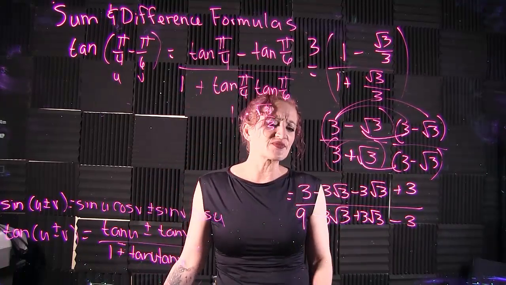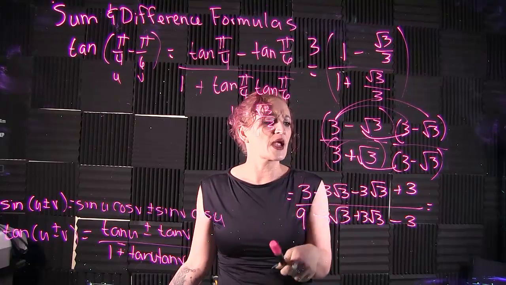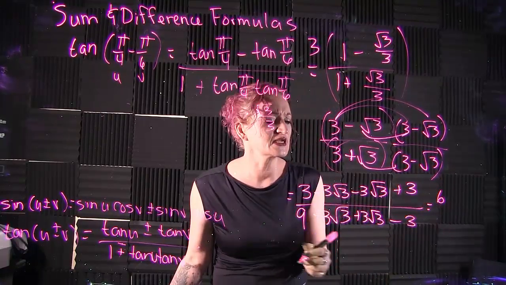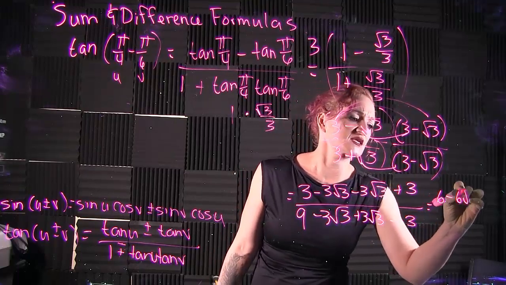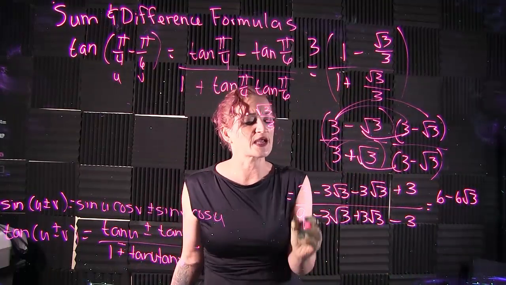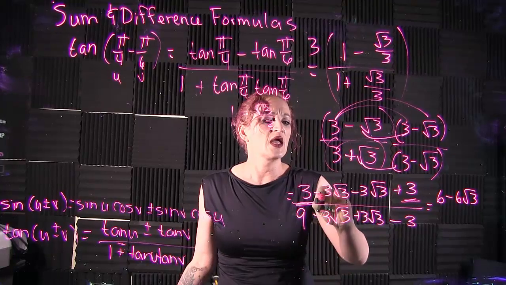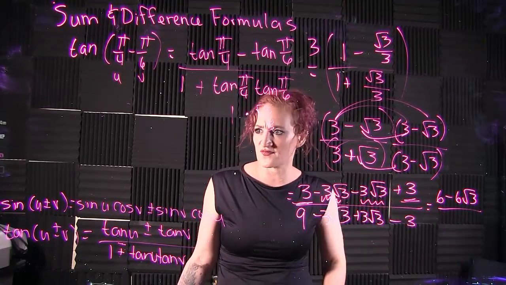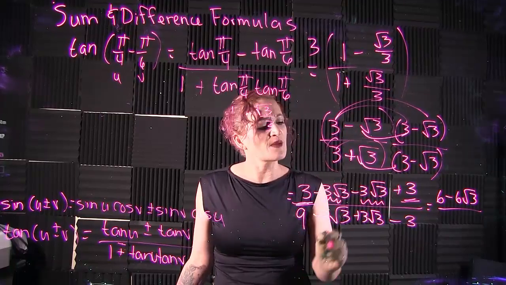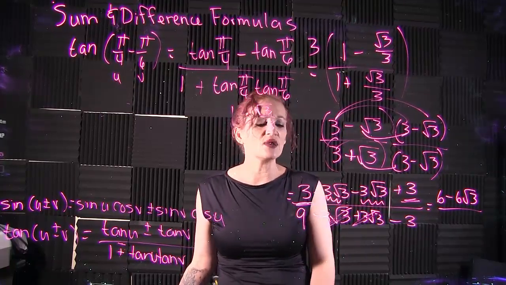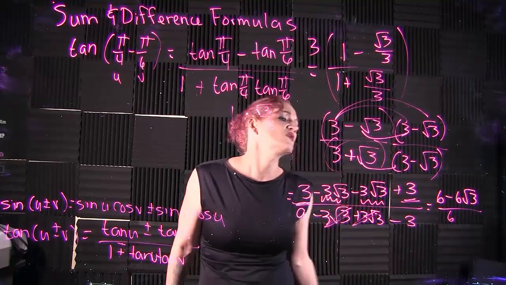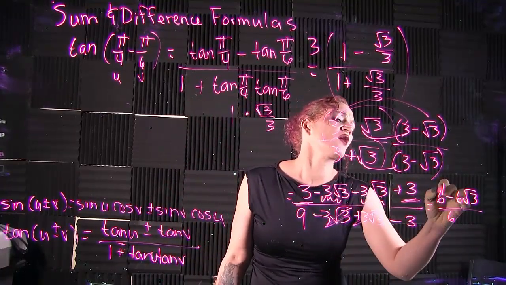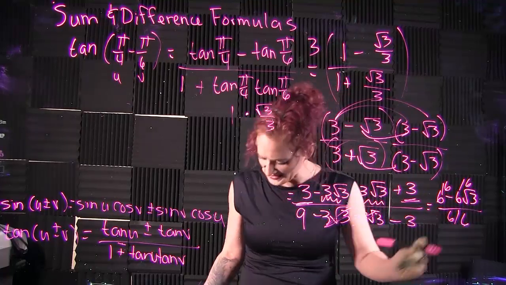Clearing some things up here in the numerator. So let's see, we have a 3 plus a 3, which is a 6, minus 6 square roots of 3 when we combine our like terms here. Again, 3 plus the 3, negative 3, and another negative 3 here makes that a negative 6 square roots of 3. And our denominator, our two middle terms cancel out, leaving us with a 9 minus 3, which is a 6. Simplify this fraction. All three terms are divisible by 6.